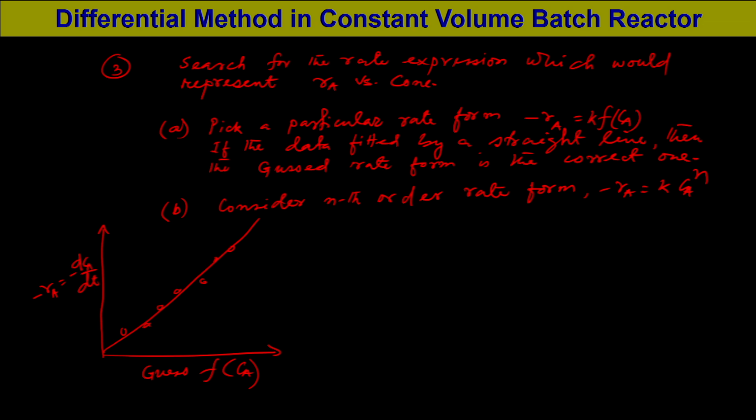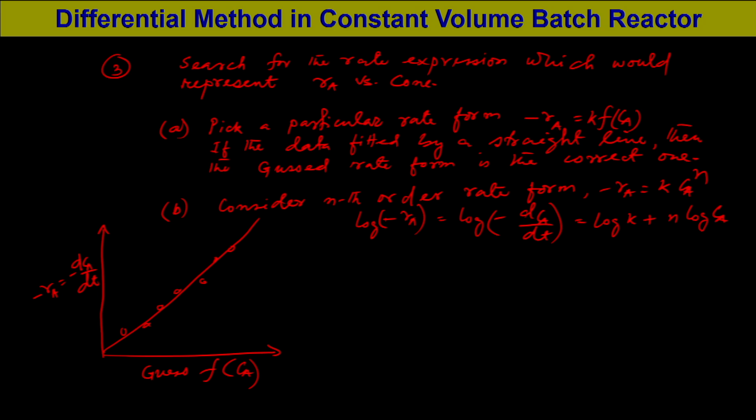Then we can write log of minus R A, which is equal to log of minus d C A dt, is equal to log k plus n into log C A.